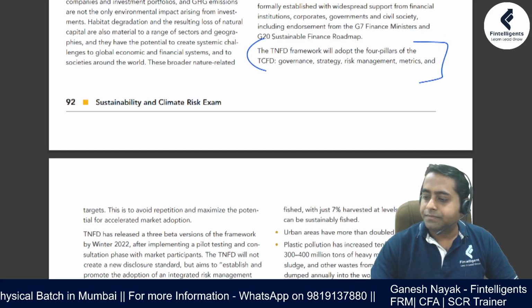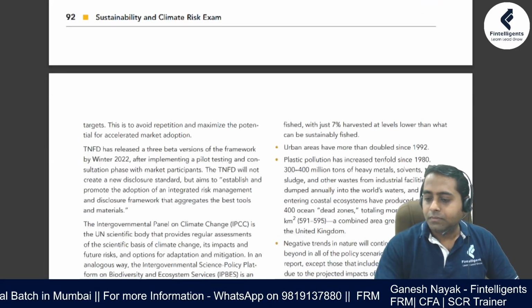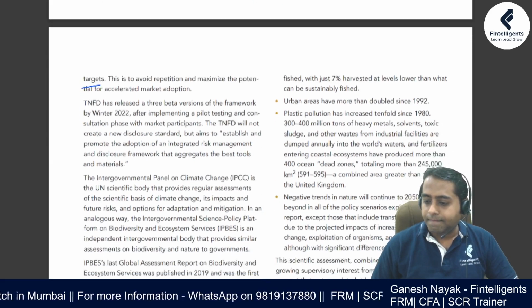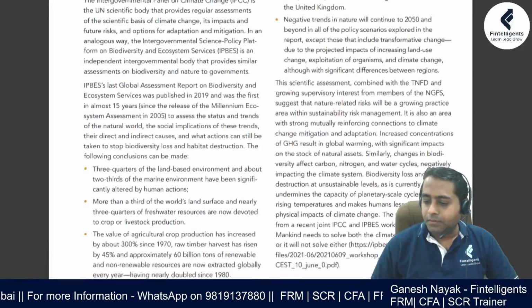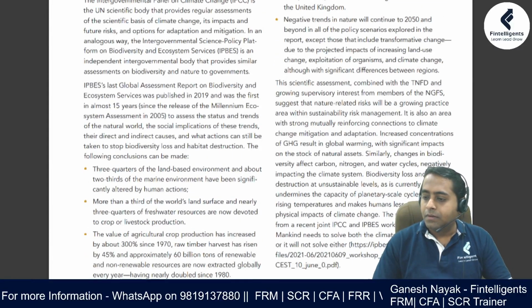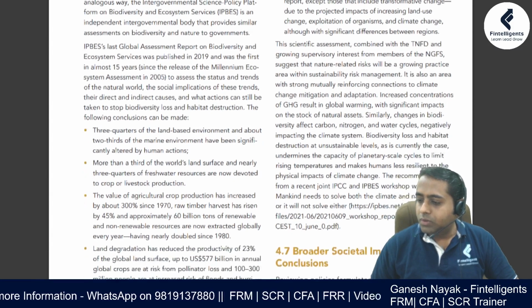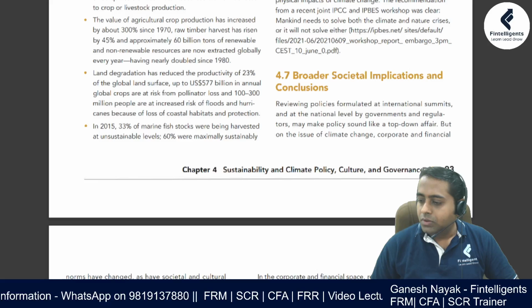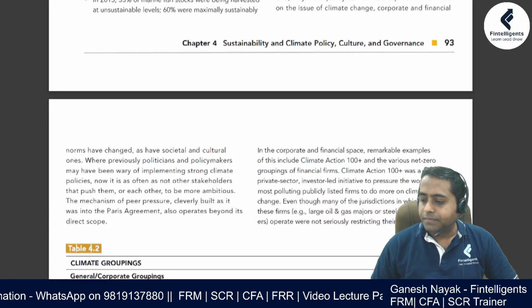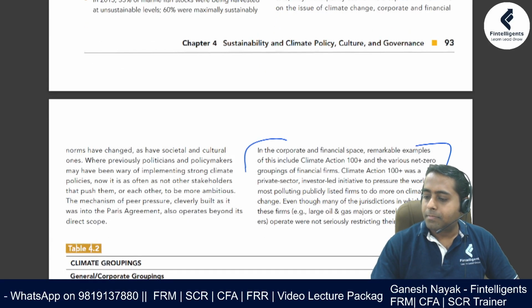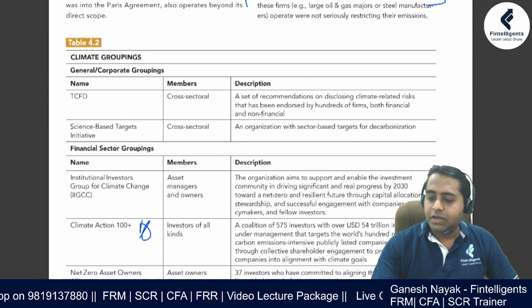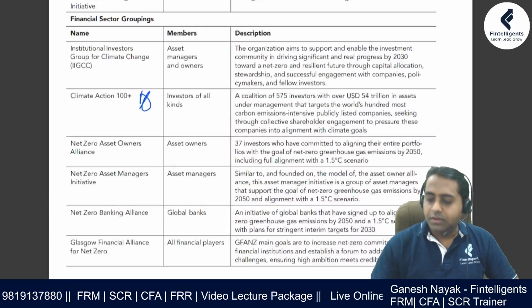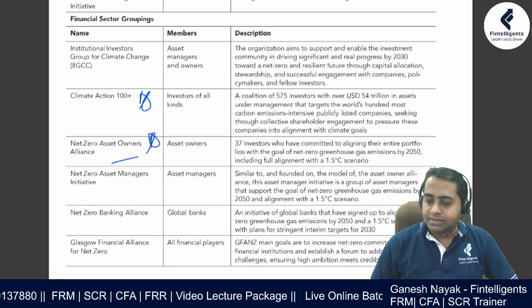This section, this is okay, more or less not very important. Climate plus 100 is important. Remember, TCFD is important. Net zero asset owner alliance is important.